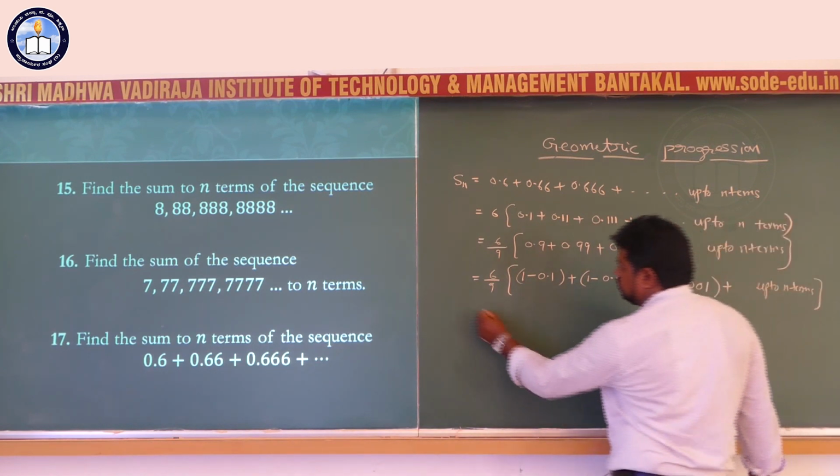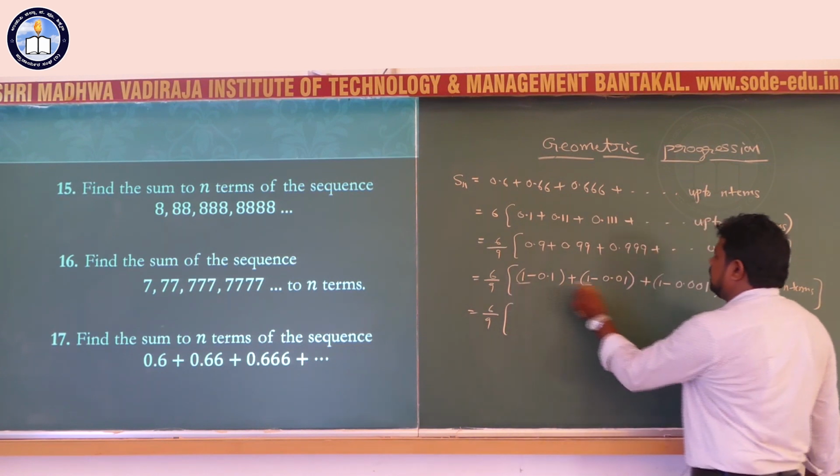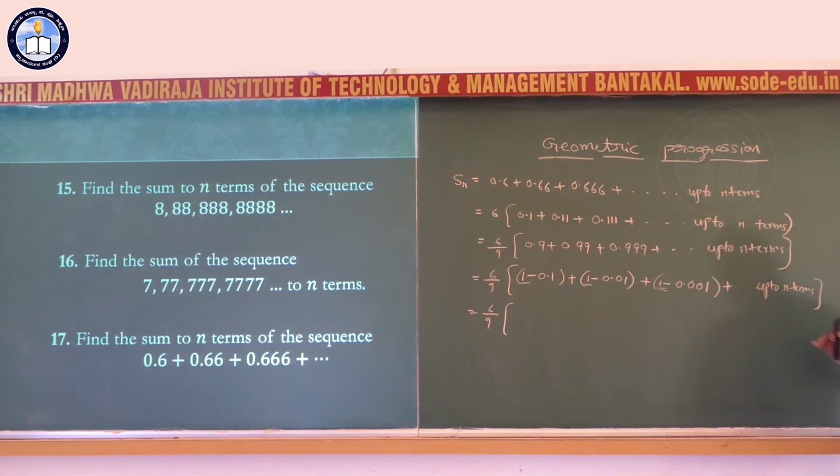That is equal to 6 by 9 into 1 plus 1 plus 1 up to n terms.